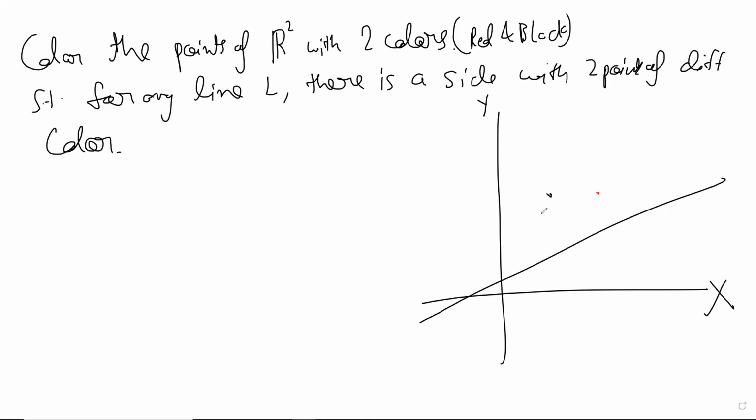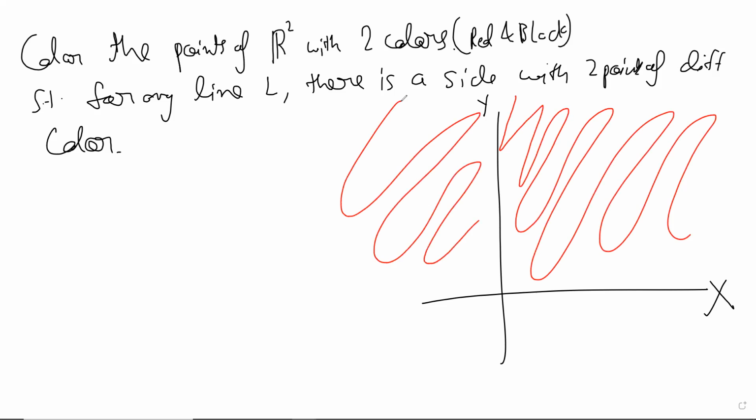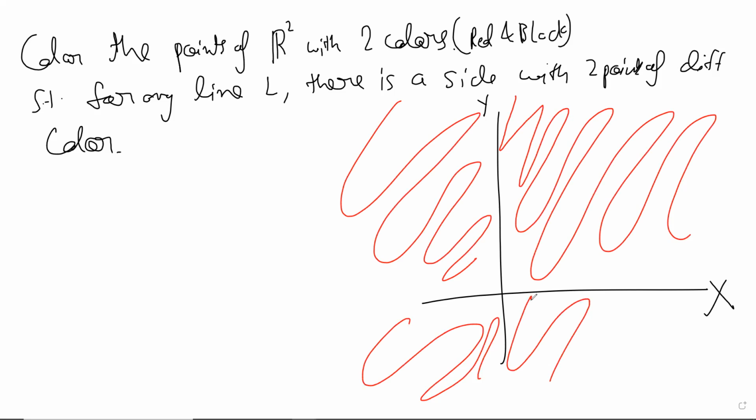If you draw two black lines, like the X and Y axis, and color everything else red, then one black line, yeah, that works. Wait, shouldn't be so easy. Yeah, but it just works, right?